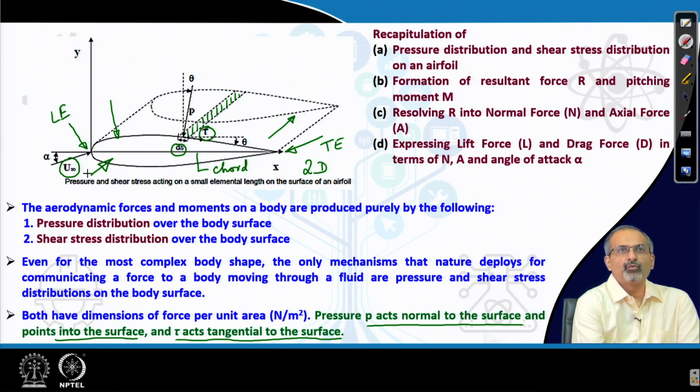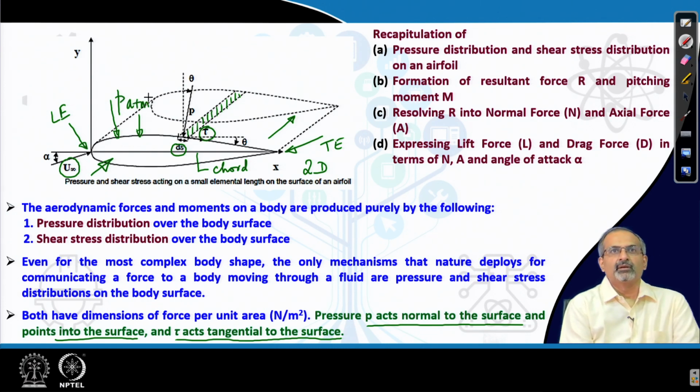If the flow was not existing here, you would have atmospheric pressure acting on every portion of the airfoil. The moment there is a flow around this body, the pressure and the skin friction develop and change from the atmospheric pressure. There could be regions on this airfoil where the pressure is well below the atmosphere.